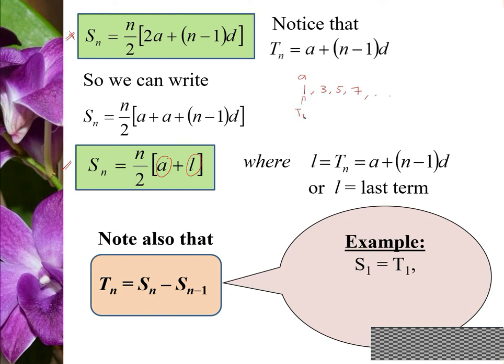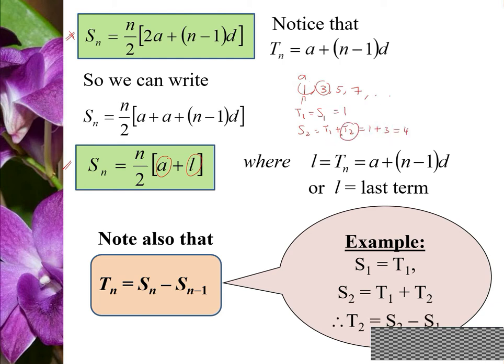And the sum of the first term is of course T1 because you have not added it with any other terms. And then S2 means the sum of the two terms. So S2 here means first term and second term added together. So here you get 1 plus 3, which is 4.